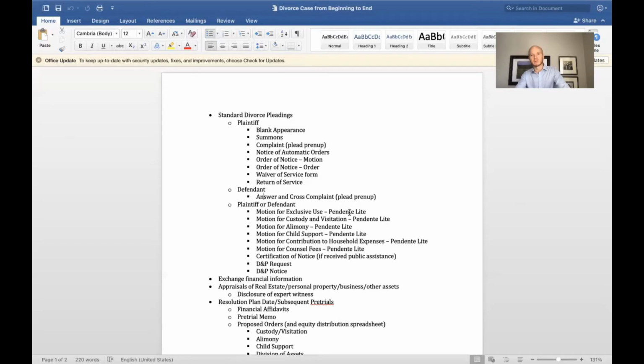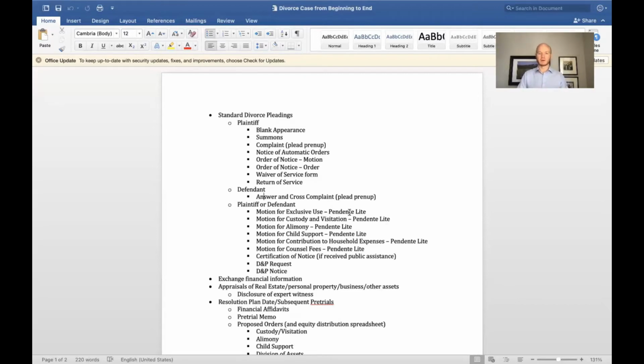It's pretty difficult to have a motion for exclusive use granted. There has to be a pretty extreme circumstance, yelling and screaming in front of the children, etc. Or if another spouse has already moved out of the house, then generally a motion for exclusive use is going to be granted so that they can't just come back or show up whenever they want and create problems.